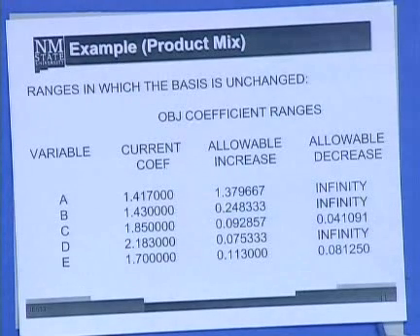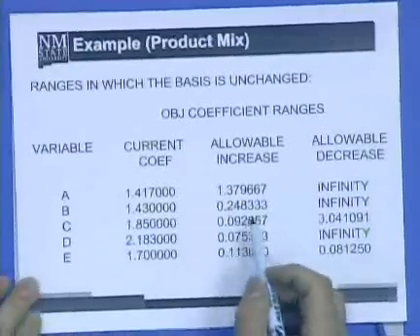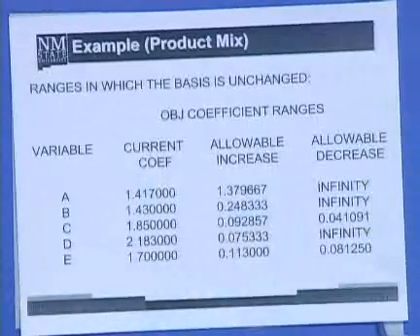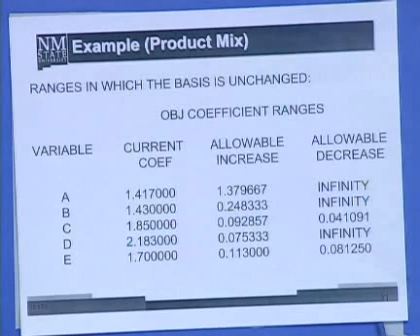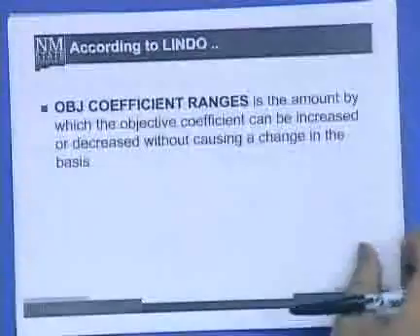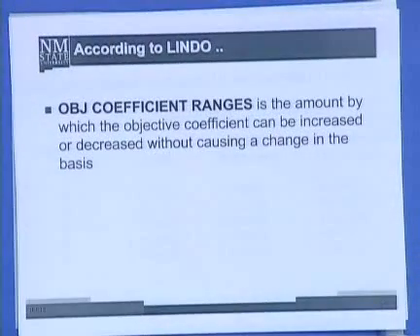And the Lindo output includes these objective coefficient ranges, right? And we've learned that in the Lindo output, the objective coefficient range for each variable is the amount by which the objective coefficient can be varied without causing a change in the basis, right?